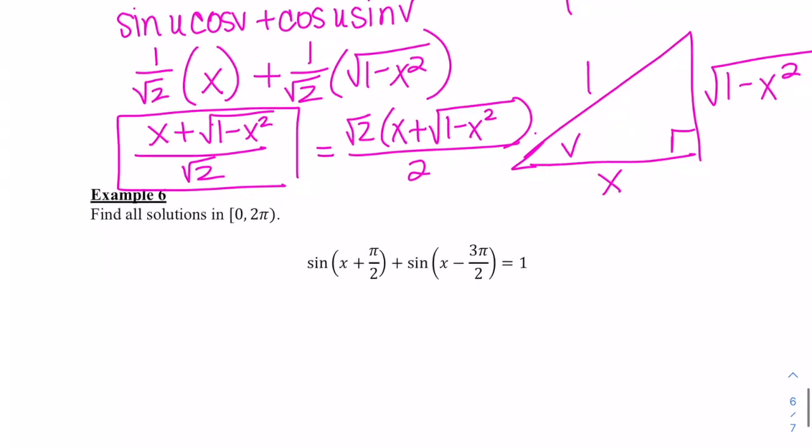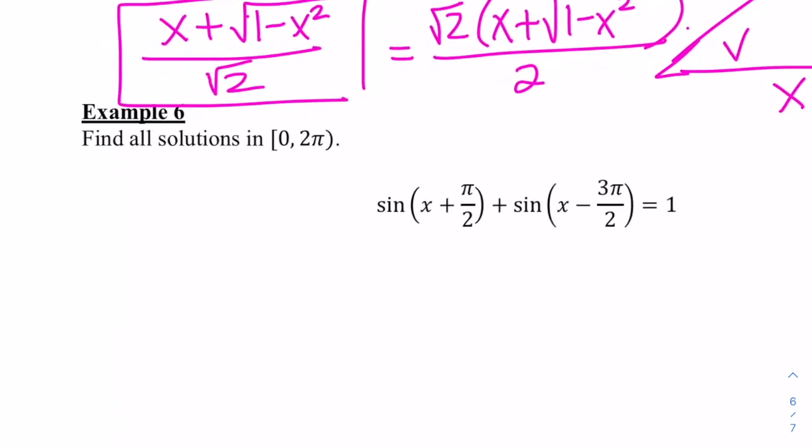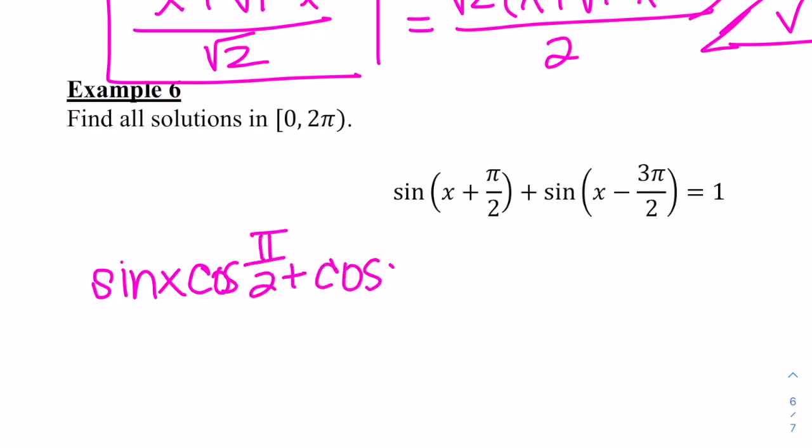All right, for the next one, we're going to use the sum and difference formulas to solve it. So remember, we're going to have to first simplify this. Sine of x plus pi over 2 is going to simplify with the formula into sine of x cosine of pi over 2 plus cosine of x times sine of pi over 2.